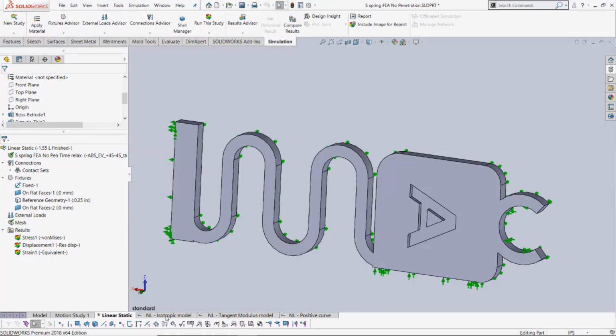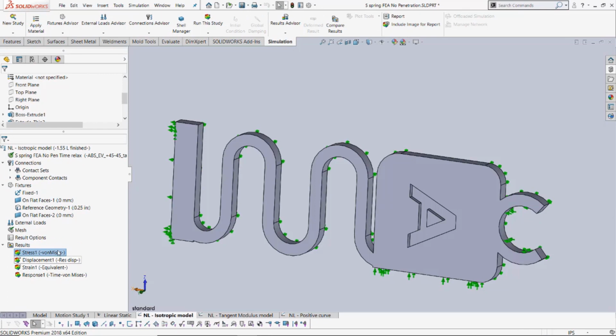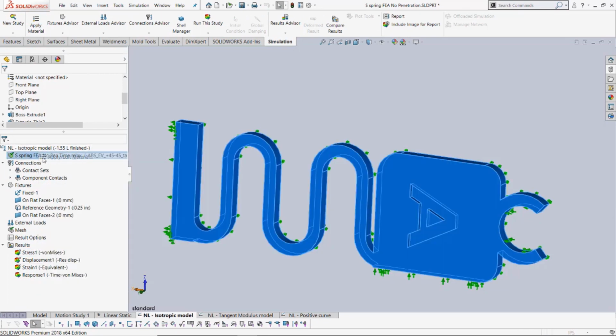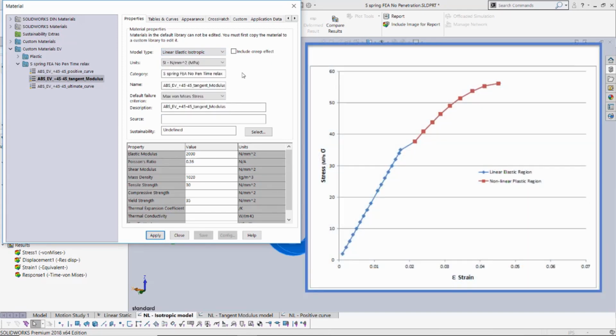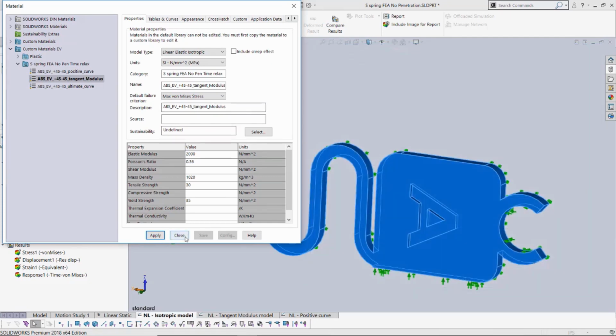If I look at this nonlinear isotropic model study, and we check the material property, we're also using the same tangent modulus material, but in the model type dropdown, we have quite a few other options. This study is set to linear elastic isotropic, meaning past the yield point, the solver is going to assume that the material properties are going to be collinear to the initial linear elastic part of the material curve.